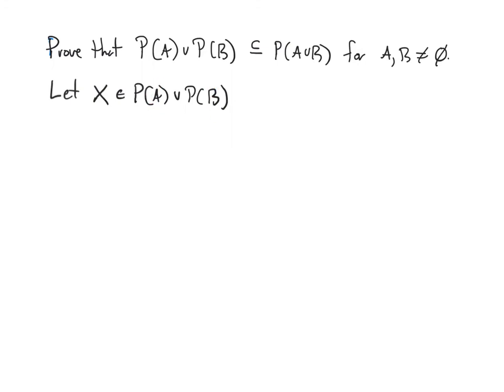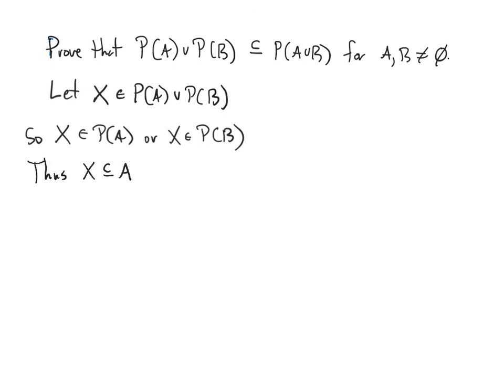So we know that X is an element of the power set of A, or X is an element of the power set of B. Which means, if it's an element of the power set, it's a subset of the original set. So X is a subset of A, or X is a subset of B.